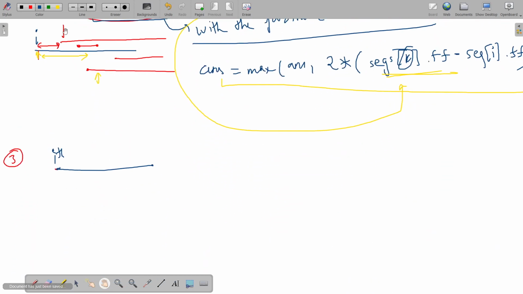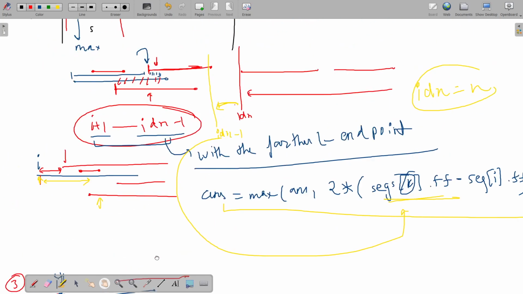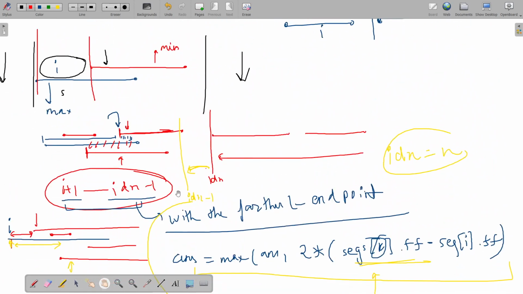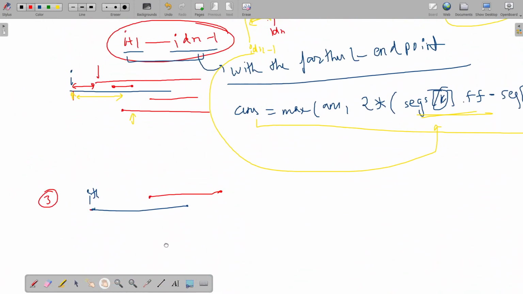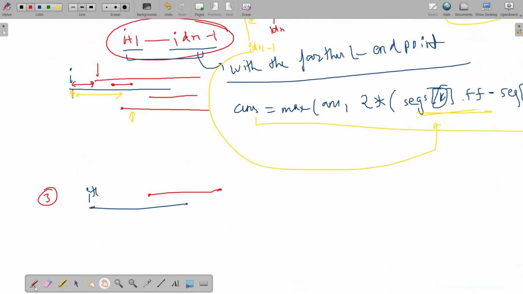Let us assume that it is overlapping with some other range. We have handled the disjoint case before. And in this case, we will assume that we are the minimum and the other guy is the maximum.